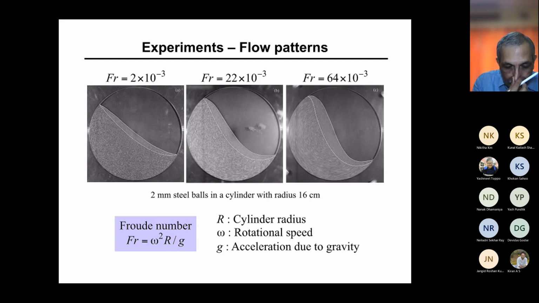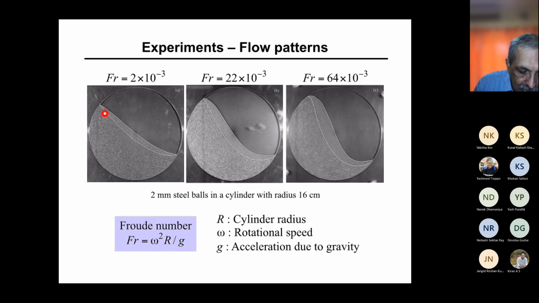The next one we looked at was the rotating cylinder flow. And here are some images of the flow in a rotating cylinder at different values of the Froude number. If you remember, Froude number is nothing but rotational speed squared times the radius divided by acceleration due to gravity. So, as this is rotated, you can see that you have a layer that is flowing.